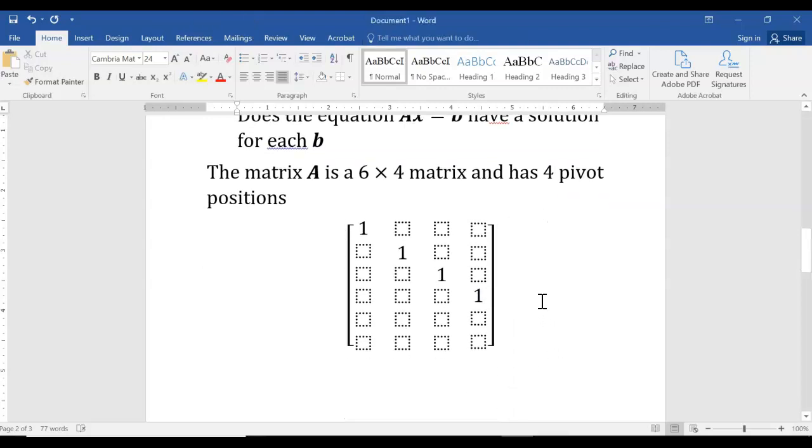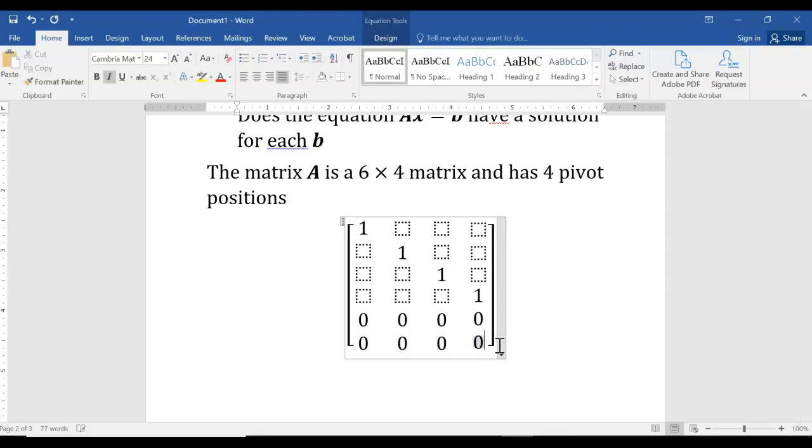And there's going to be some possible way to get a non-zero number here, like 0, 0, 0, 0, 1. The same thing is true in the last row as well. We're going to be able to get 0, 0, 0, 0, and then a 1.